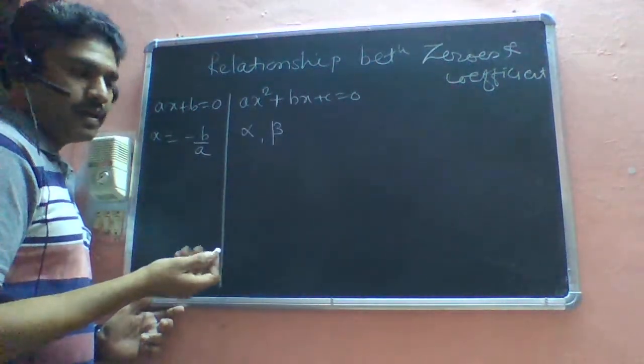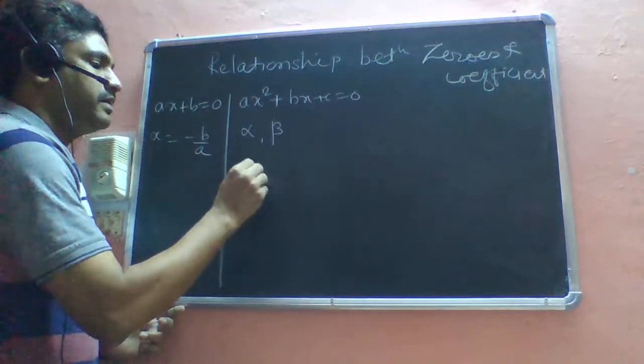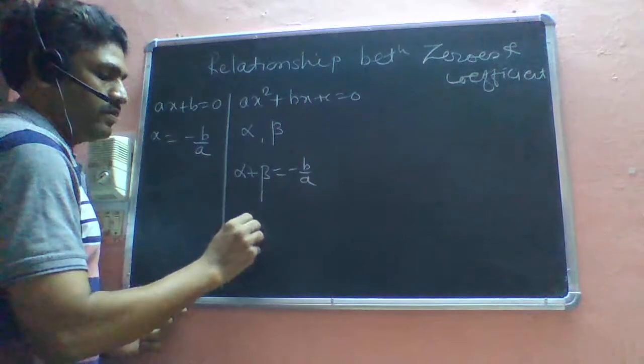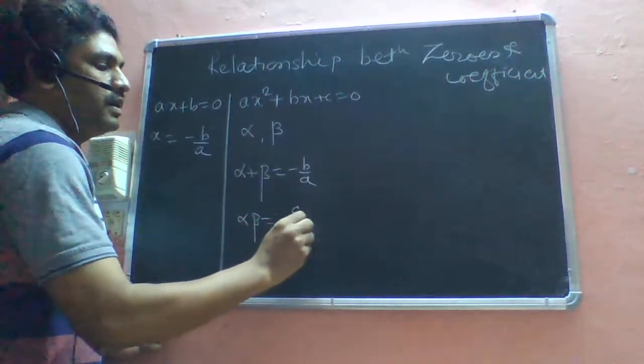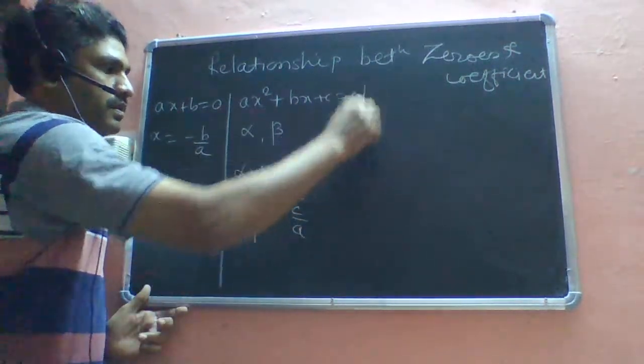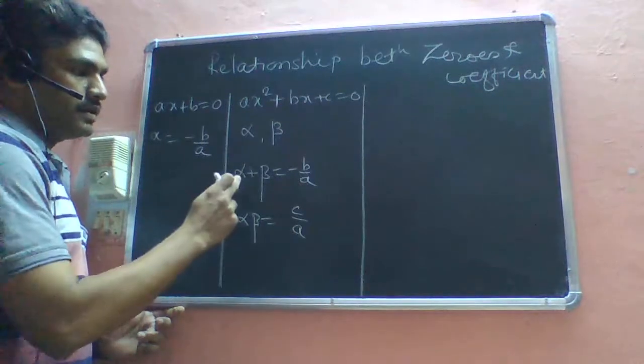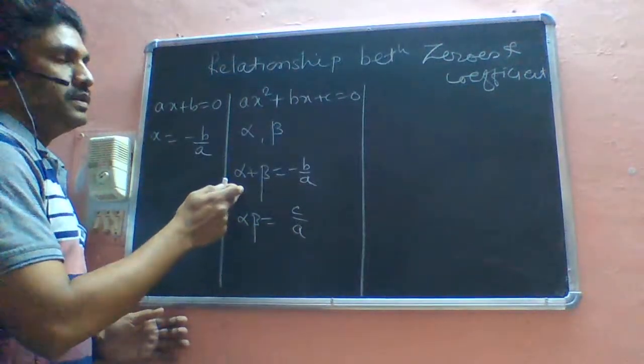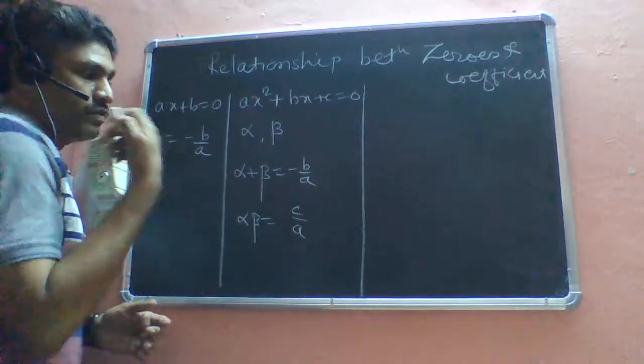If alpha and beta are two zeros, then the relation is alpha plus beta equal to minus b by a, and alpha into beta is equal to c by a. This is what we are going to see later on. Just now I'm just telling you the relationship between zeros and coefficients.